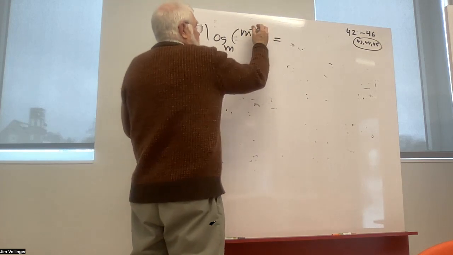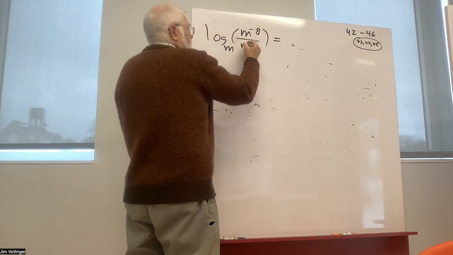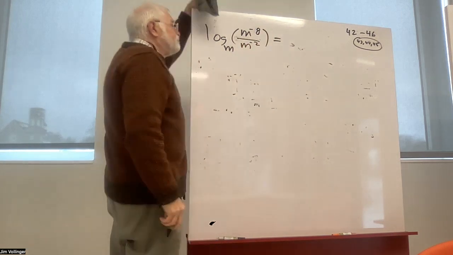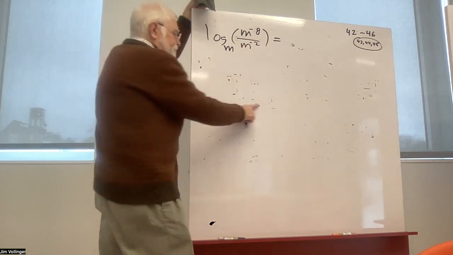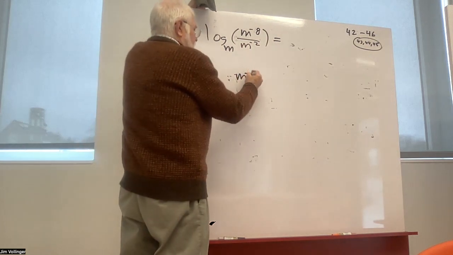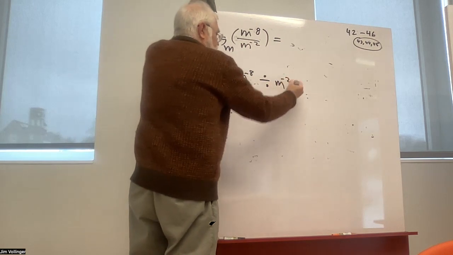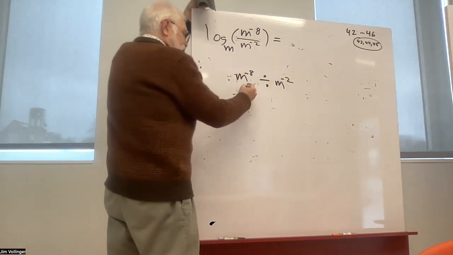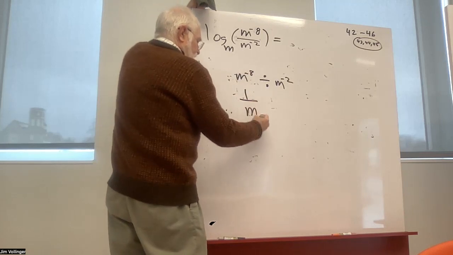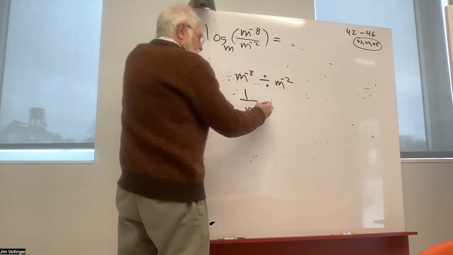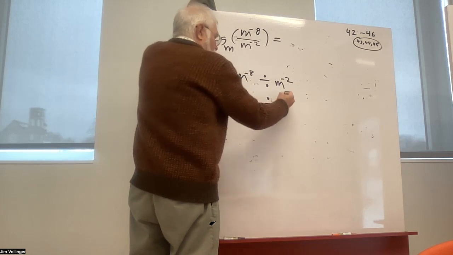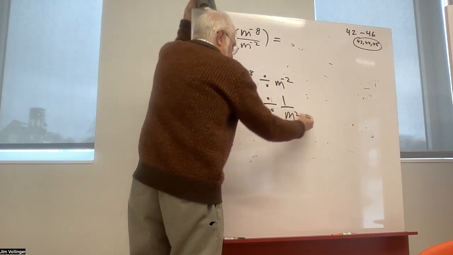Let's do minus 8, and let's divide by minus 2. Well, this is saying m to the minus 8 divided by m to the minus 2. M to the minus 8 is the same as 1 over m to the 8, and this is divided by 1 over m to the 2.